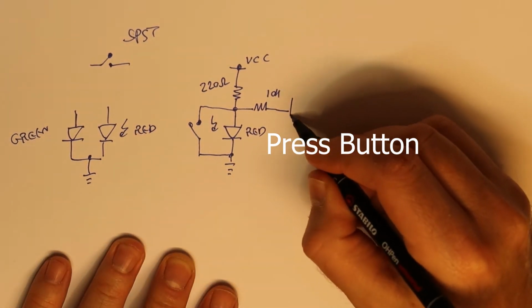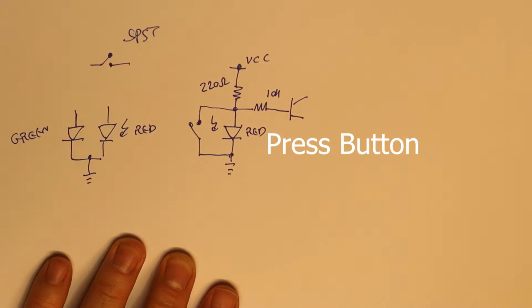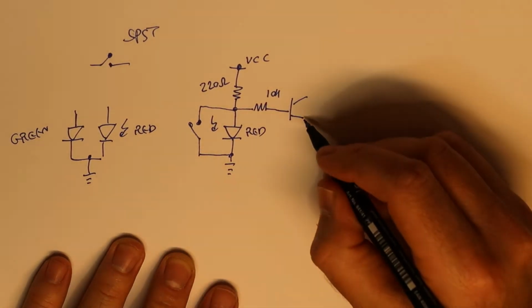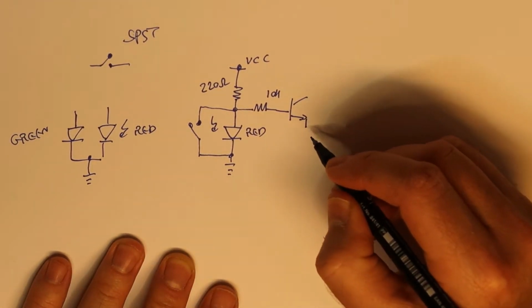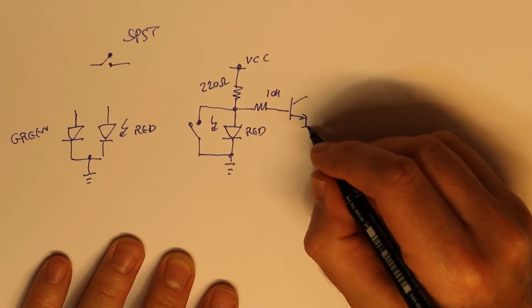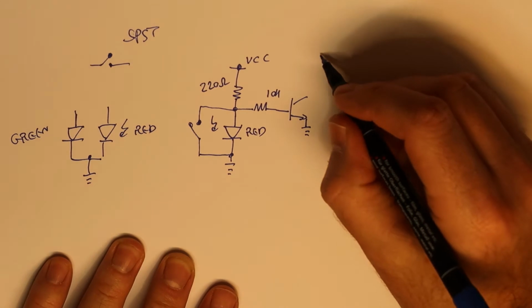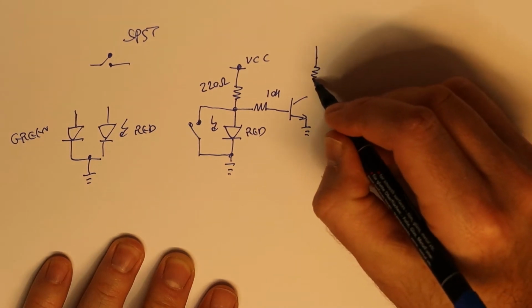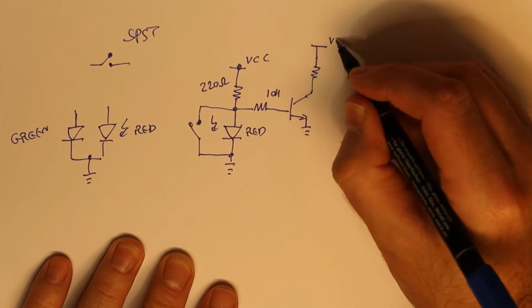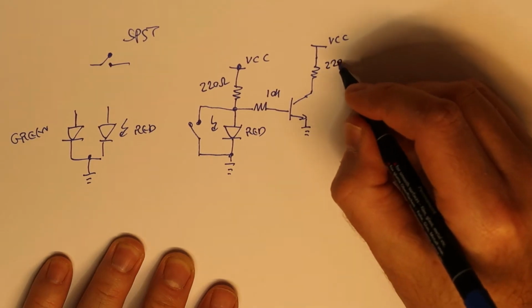Okay, so let's connect here an NPN transistor. I will connect the emitter of this transistor to the ground, and for the collector I will use again 220 ohms. Something like this.